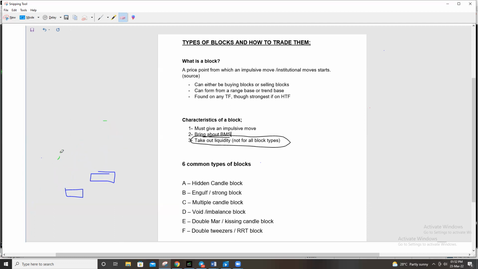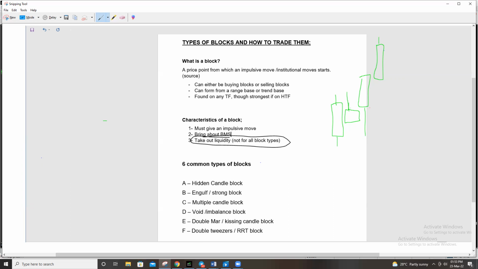So block number 1 is what we call the hidden candle block. Let's say we're on a buying cycle. So this is an example of a buying cycle where we're having green candlesticks to the top side. Now in here, you may find that you have a candlestick that is almost invisible.